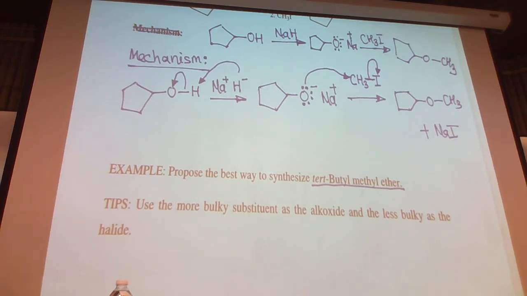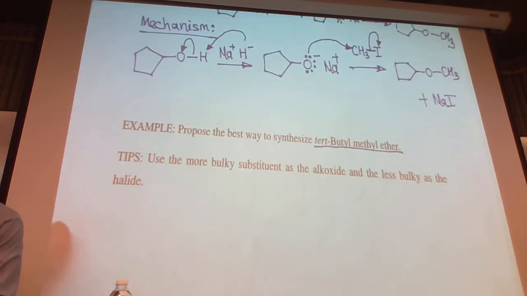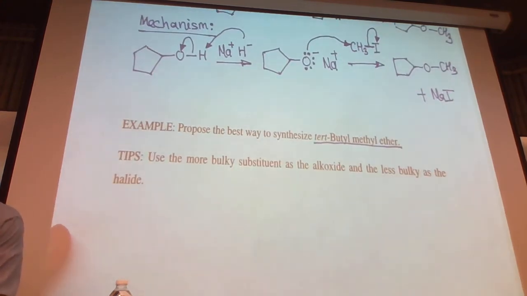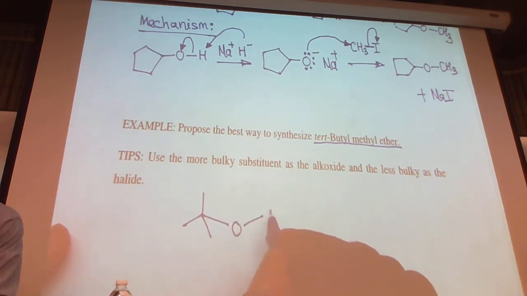So that's why naming is very important. I gave you a hint there that the bulky substituent should be the alkoxide. Let's draw the structure out first. You have a tert-butyl and a methyl.